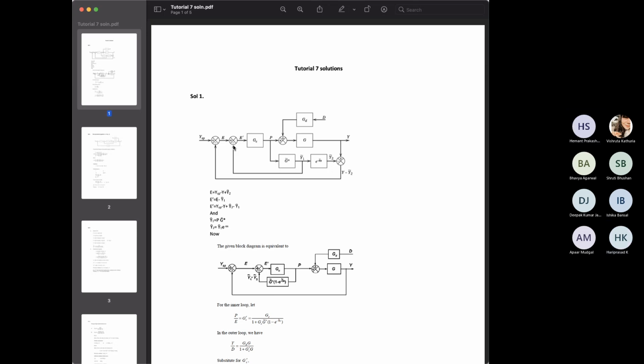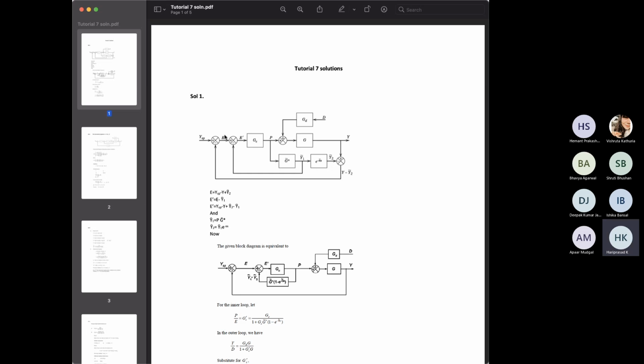Yes, sir. If you add your y2 tilde in the first block or in the second block, technically nothing is going to happen because it is just an addition term that is being used. Correct?